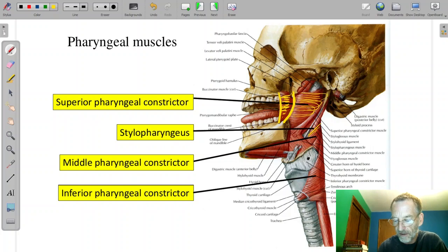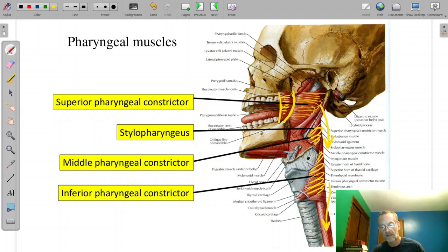There's a middle pharyngeal constrictor that does the same sort of thing, loops around, and then you have an inferior pharyngeal constrictor set. And they sort of contract in sequence and propel the food down into the esophagus. Sort of peristaltic motion.